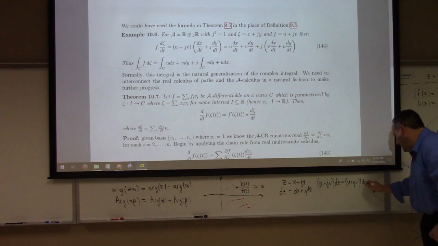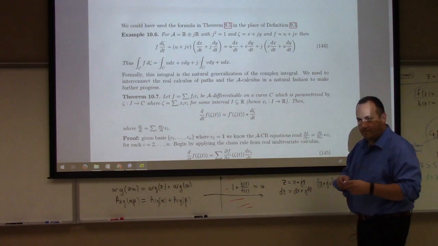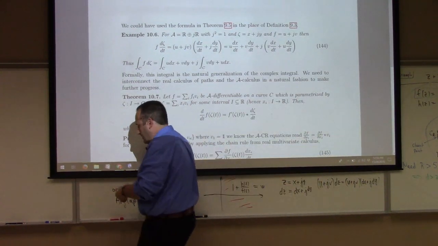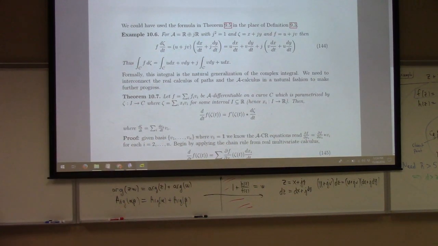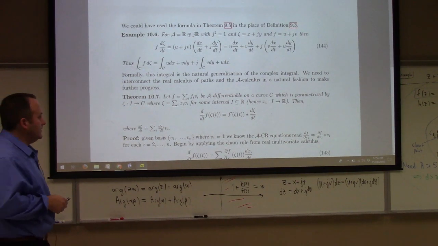So it behaves just like the complex line integral, right? I was very happy when I learned this. What could be more natural? It's just a simple extension of what you've already learned.